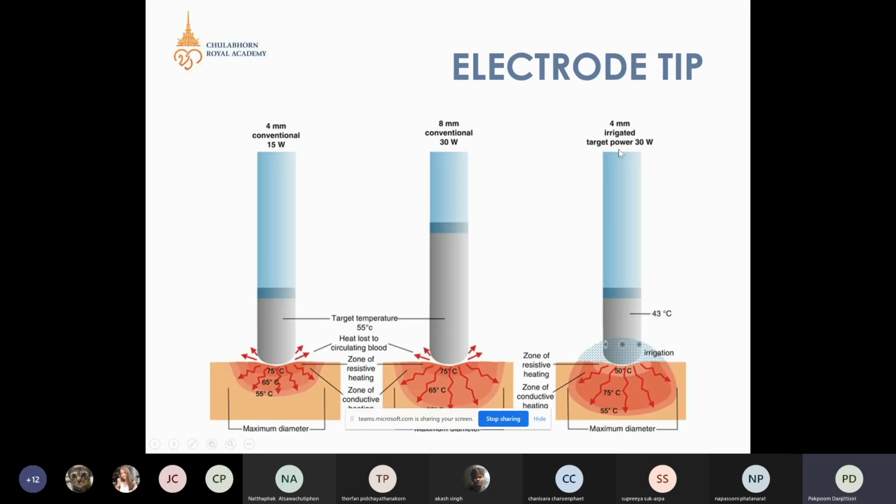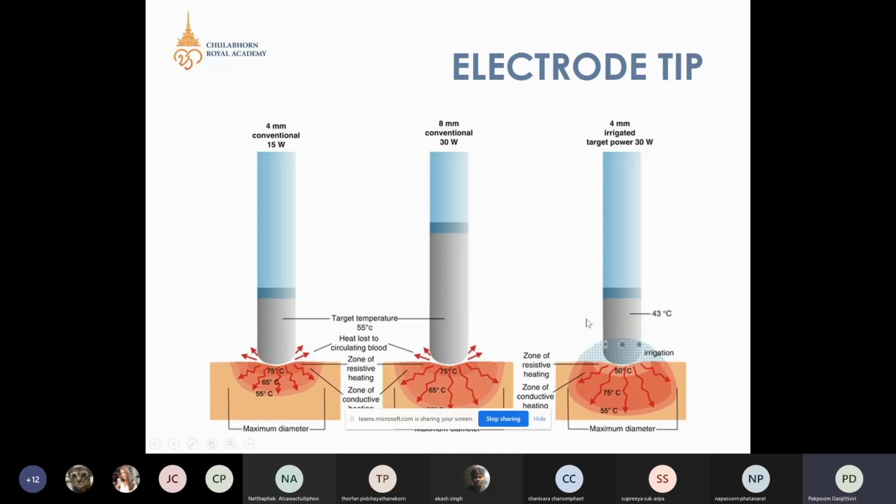With the 4 millimeter irrigated tip, the temperature of this catheter only increases up to 43 degrees Celsius, with the same length of cardiac tissue lesion here, but the width of the lesion is not as wide as the 8 millimeter, which spreads out from the catheter to the surrounding area like this.